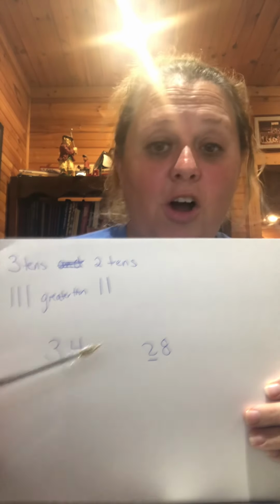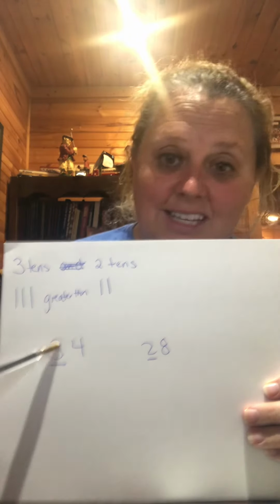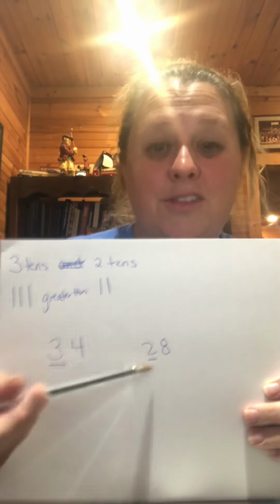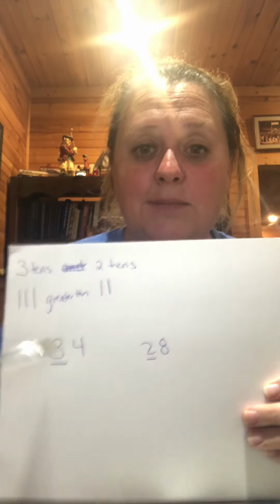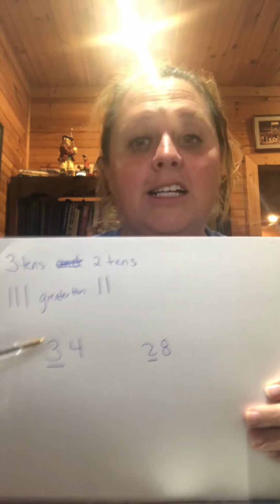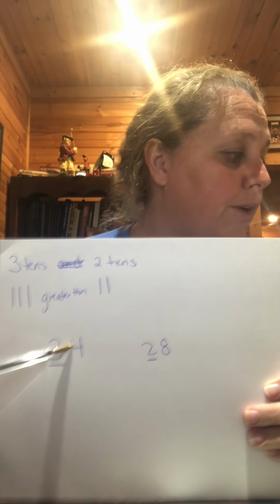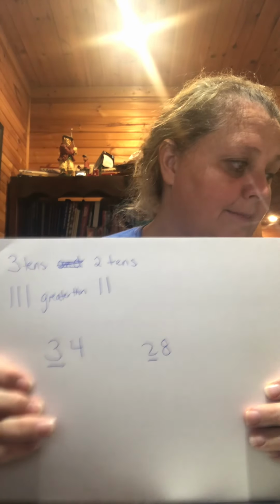Even if there are 4 ones and 8 ones here, we still know that 30 is greater than 20. So when we compare these numbers, if the tens place is bigger than this tens place, this number is going to be bigger. So we say 34 is greater than 28, right?